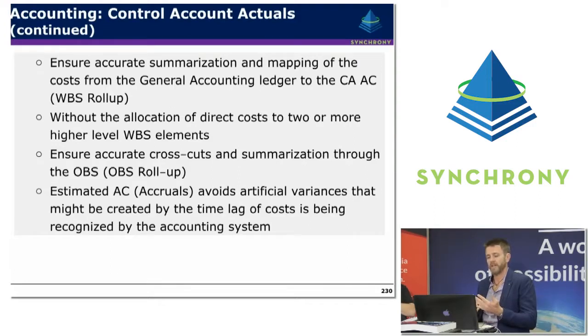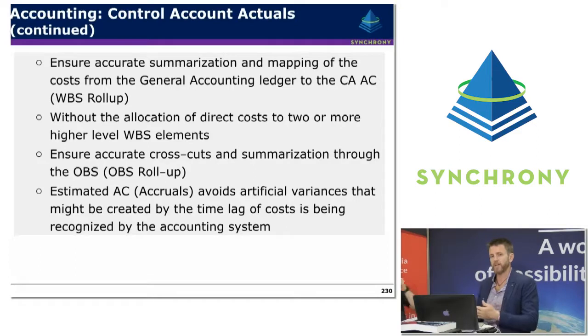So the process for dealing with that late processing of actual costs is what we refer to as accruals. That's about essentially having a rigorous, effective process for estimating those actual costs at month end, so that they can be put into the earned value system as an accrual or an estimated actual, without having to wait for all the checks and balances to happen with the official processing of the invoice.